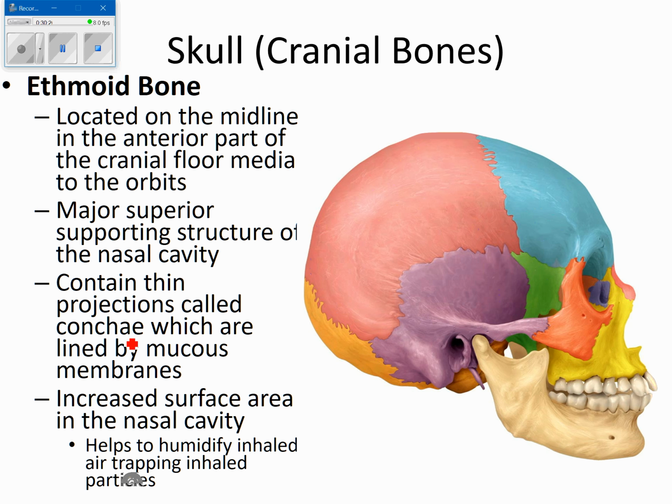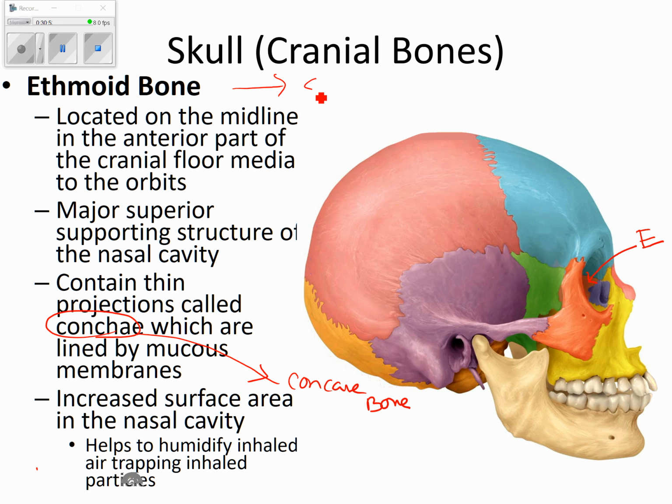The conchae are the bones inside your nasal cavity. And then the ethmoid bone, of course, is located here. I will go ahead and write on here, it separates the nasal cavity from the brain.